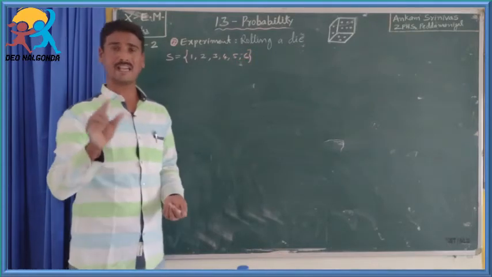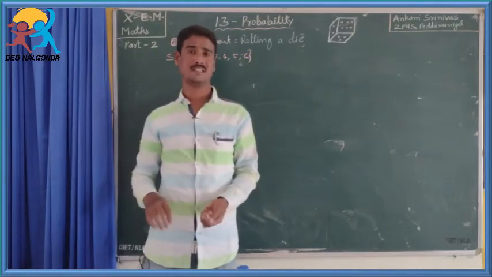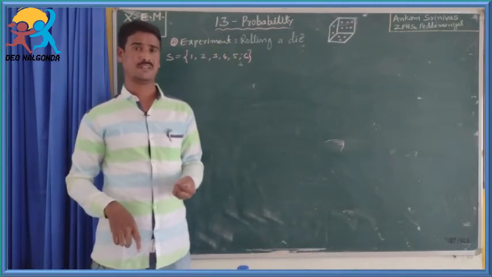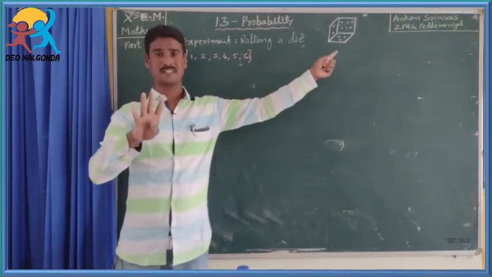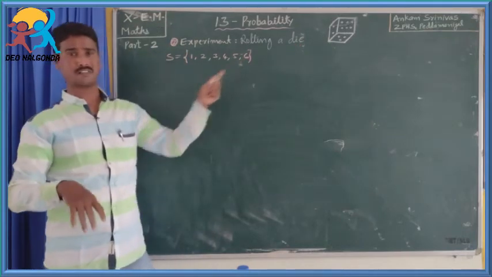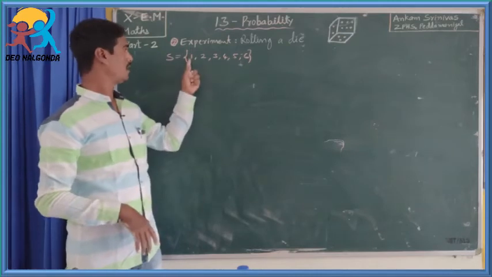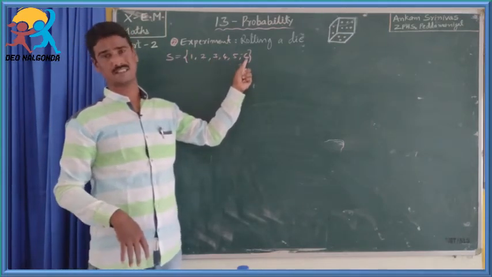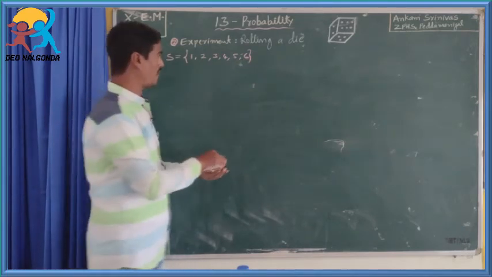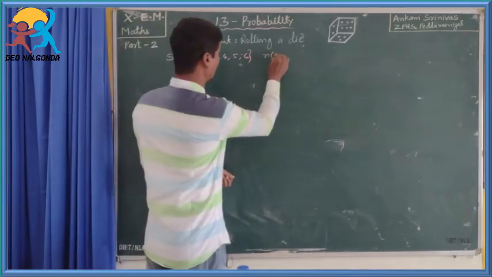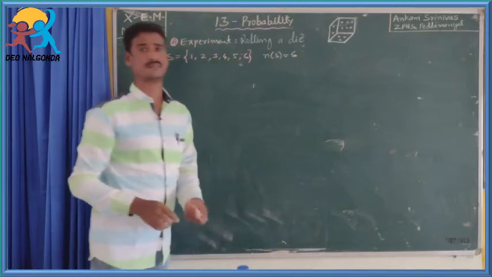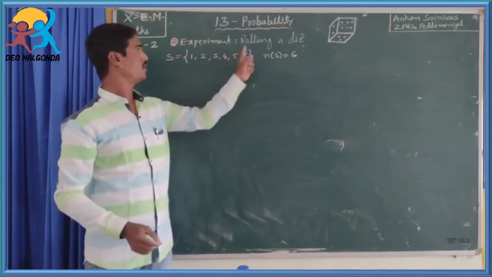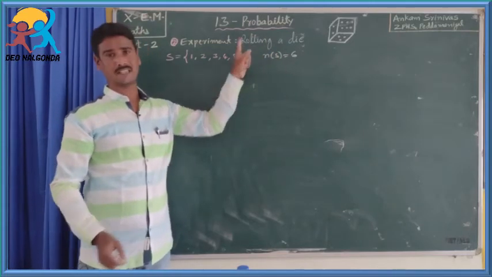So a die has 6 faces. Each face is assigned one number, namely 1, 2, 3, 4, 5, 6. So the total number of outcomes here is equal to 6.